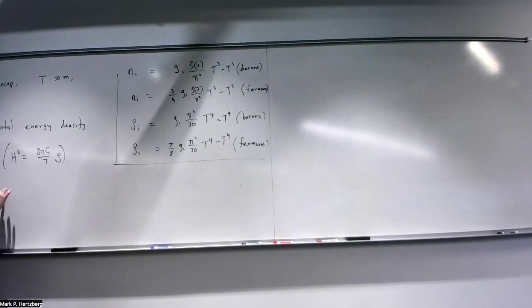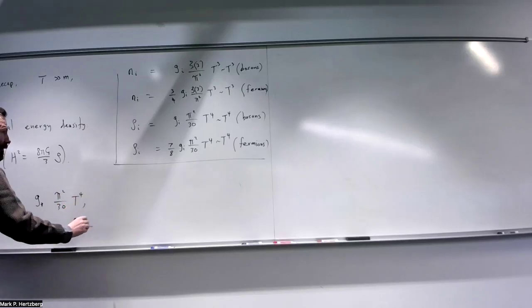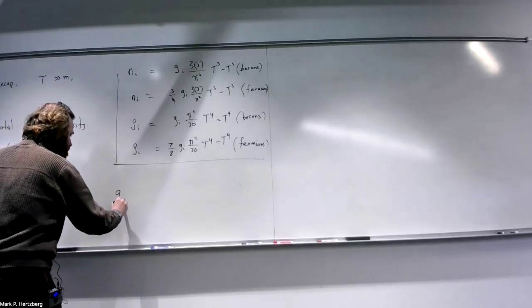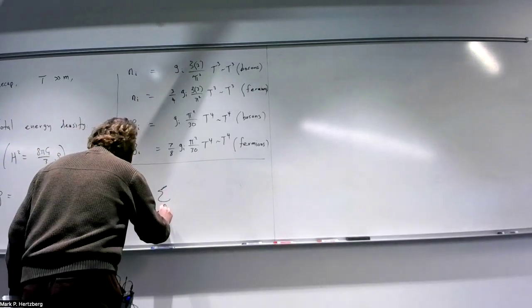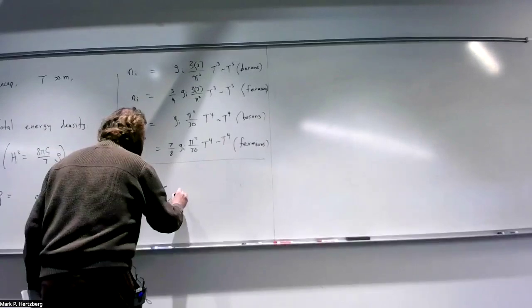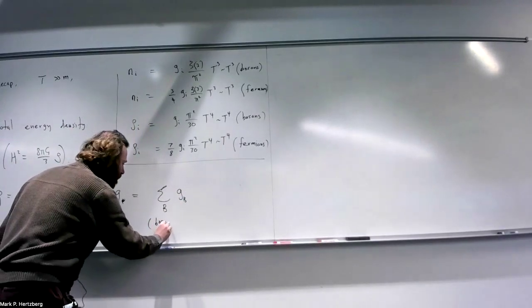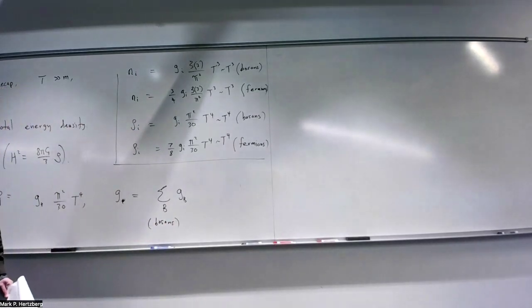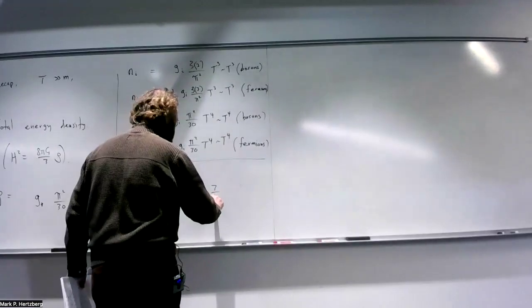And the total, as we said at the end of last time, we just sum these formulas. The g at the front we call g star, times pi squared over 30 T to the 4, where g star is a sum over B, not for baryon at this point, B for bosons, and then the 7/8 for fermions.